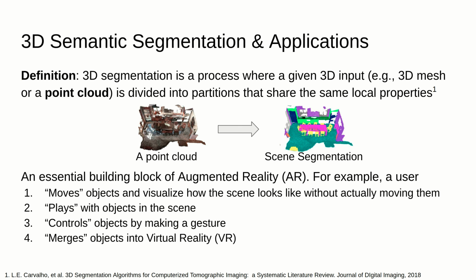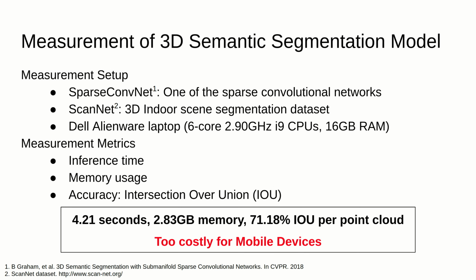A user can control objects in the camera view by turning off a lamp while making a gesture. A user can also merge objects into virtual reality so that a user can both view the virtual world and interact with physical objects.